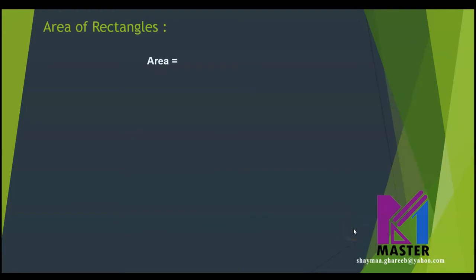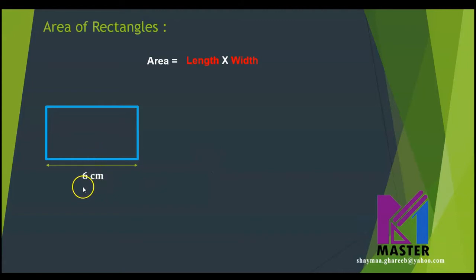Now, if I have a rectangle like this, and we said area equals length times width. The length of the rectangle is 6 centimeters, and the width of the rectangle is 4 centimeters.